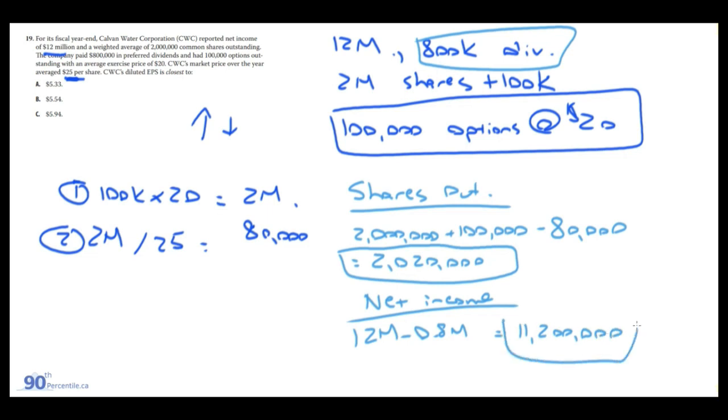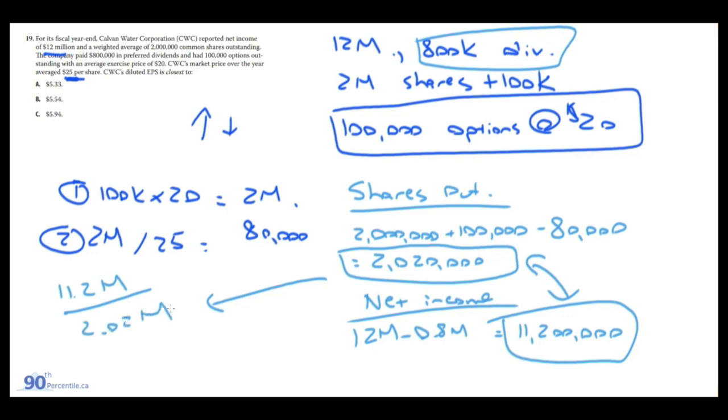So now to calculate diluted EPS, we have the numerator and the denominator, and we can bring it over here. So we'll do 11.2 million divided by 2.02 million, and we get 5.54. So that's our answer.